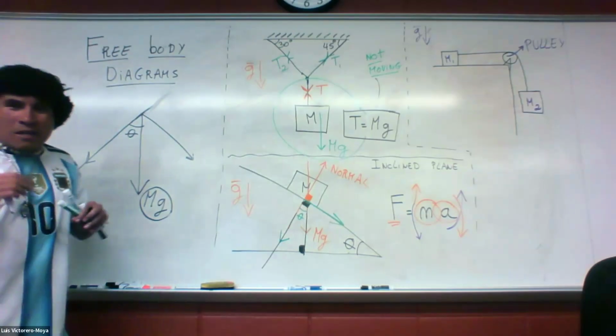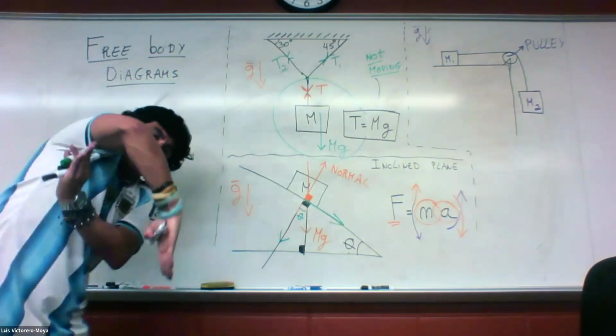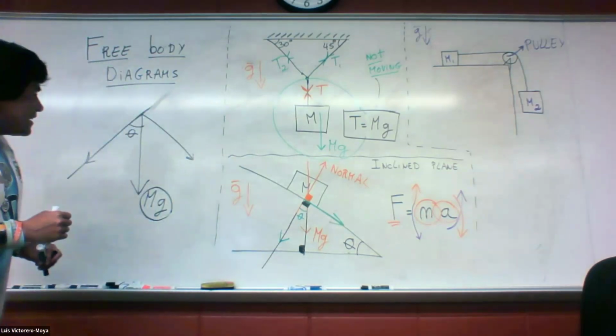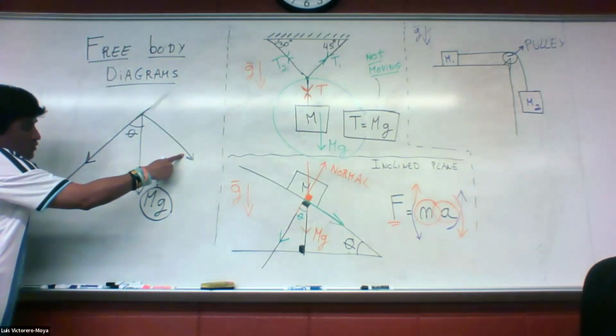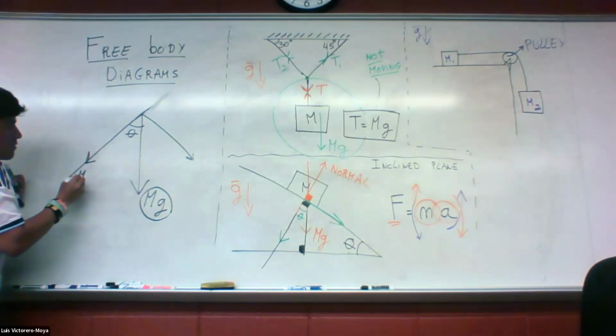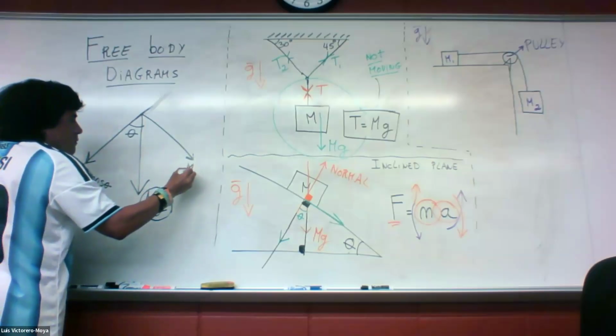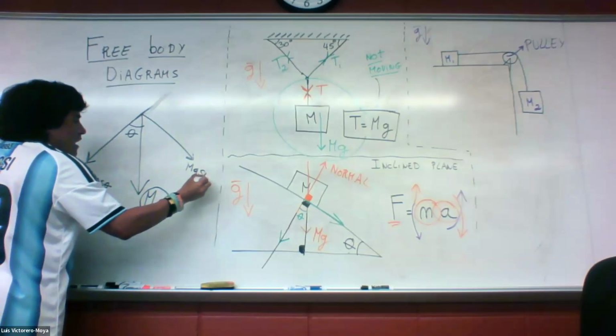If you remember what we did, this is just like the projectile motion, but upside down. That's the adjacent, that's the opposite. So this is mg cosine theta, and this guy is mg sine theta.